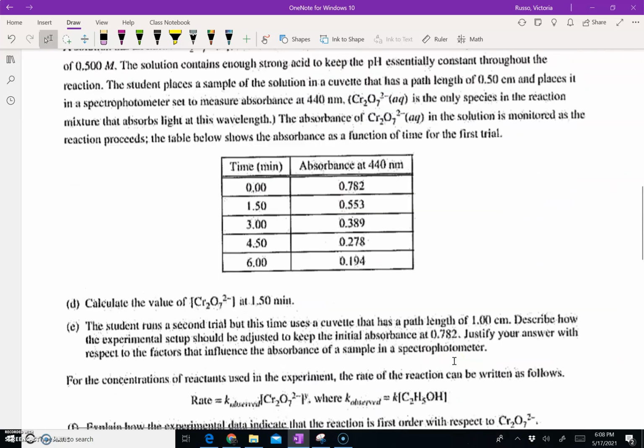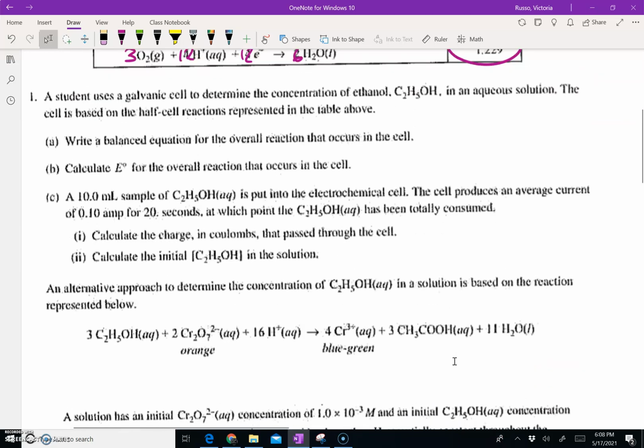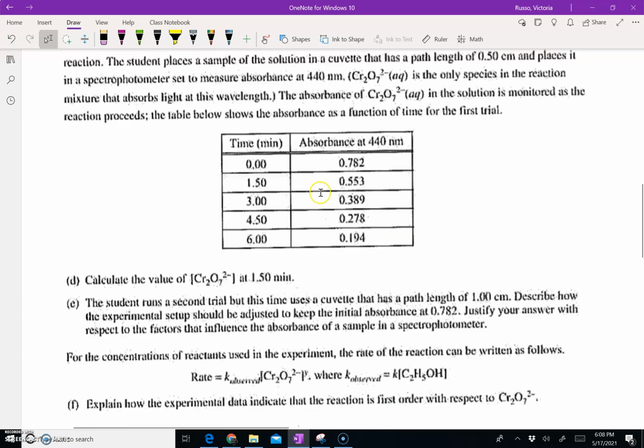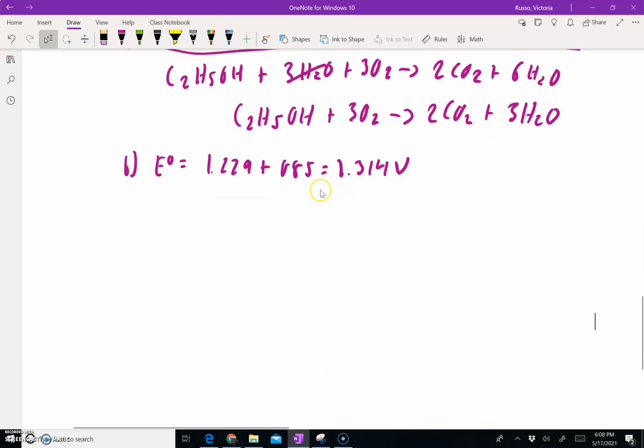And now for C, it says a 10 milliliter sample of ethyl alcohol is put in an electrochemical cell. The cell produces an average current of 10 amps for 20 seconds, at which point the ethyl alcohol has been totally consumed. Calculate the charge in coulombs that has passed through the cell. Well, today I showed you the new final equation that we needed, where current is Q over T. They gave us the current.